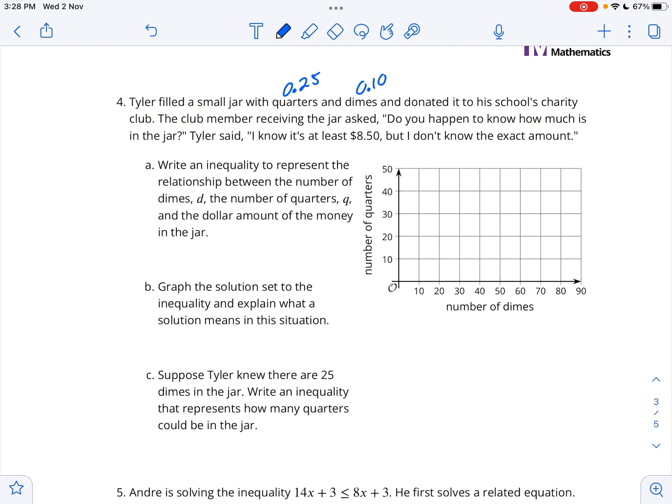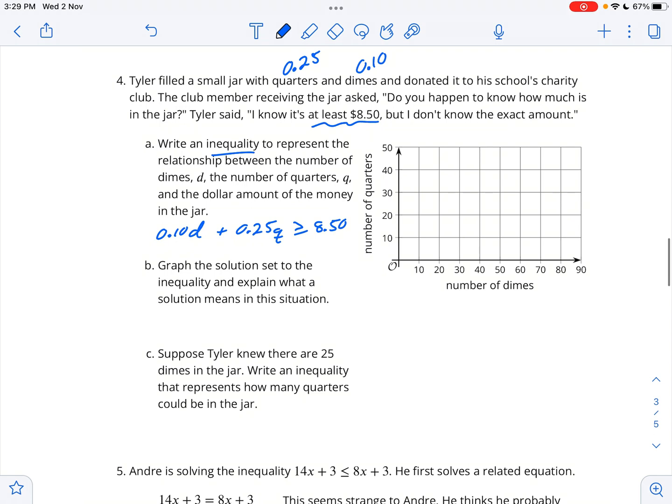To write my inequality in part A, I'm going to take the number of dimes times 0.10, and the number of quarters multiplied by 0.25. You're told that you have at least $8.50, so it can be $8.50 or more. So the amount of money I have is going to be greater than or equal to $8.50.